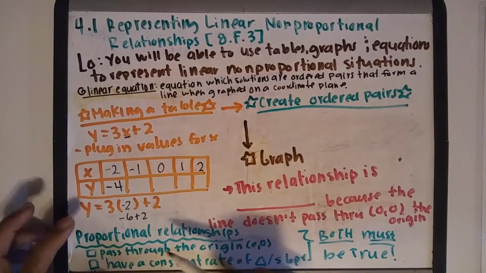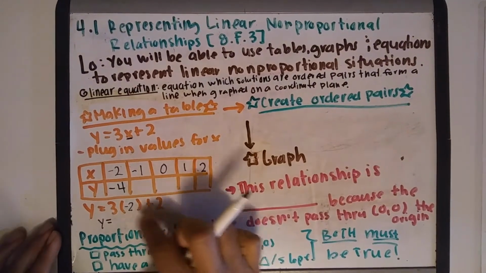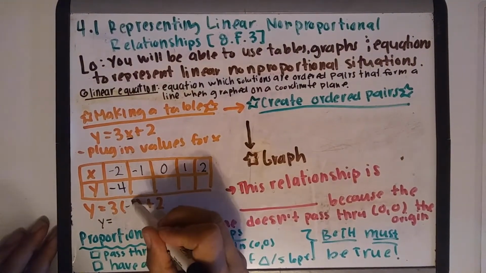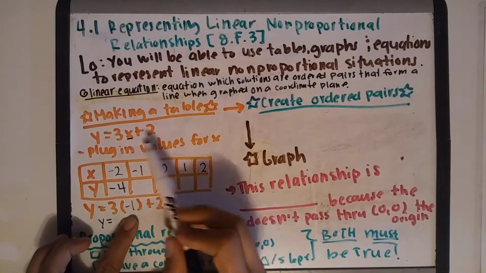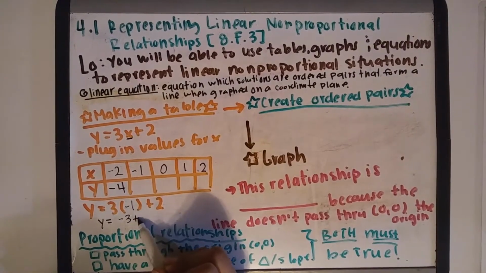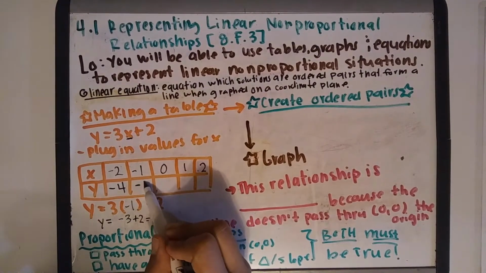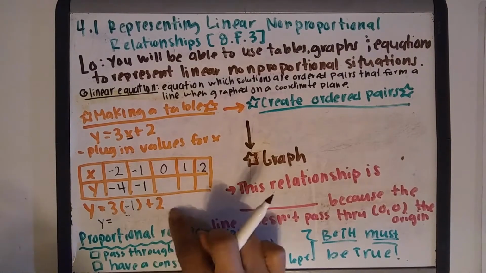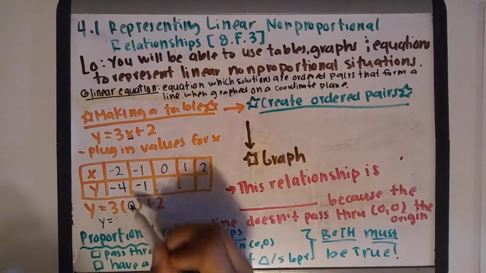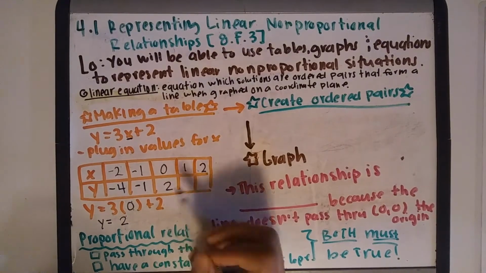So y equals -4. Then I'm going to plug in the -1 where the x is. 3 times -1 is -3, plus 2 equals -1. So my y is -1. The next one is 0. 3 times nothing is nothing, plus 2 is 2.